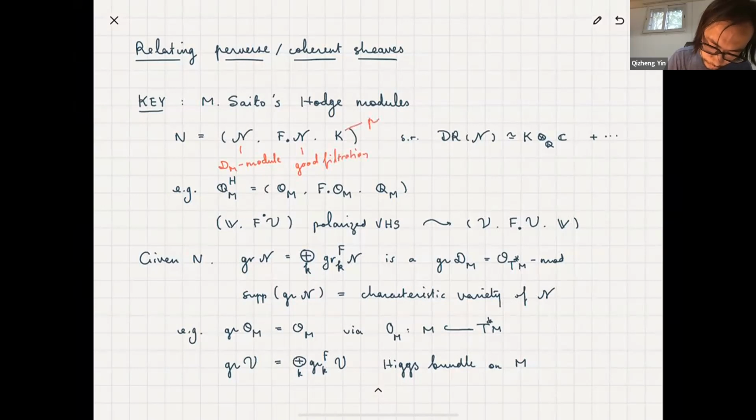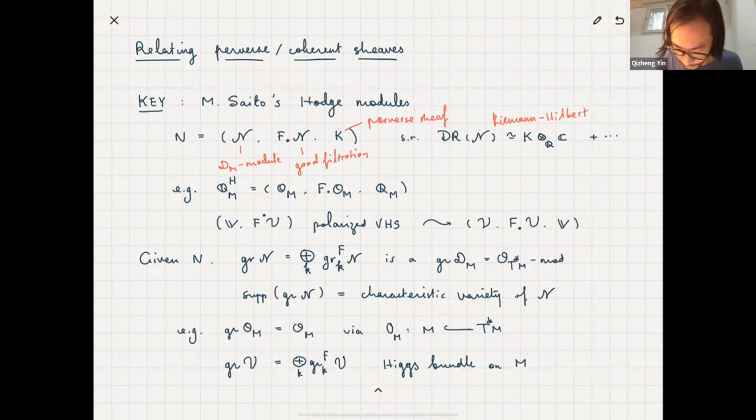So this is a perverse sheaf. And the Hodge module, first of all, satisfies that the D module matches the perverse sheaf under the so-called Riemann-Hilbert correspondence. And then there are many, many conditions for such a triple to be a Hodge module. So there are lots and lots of conditions.